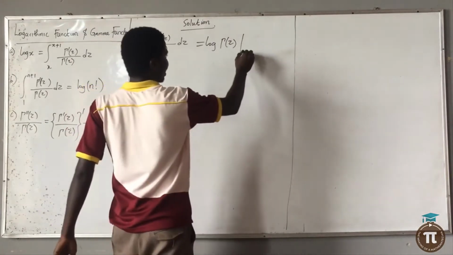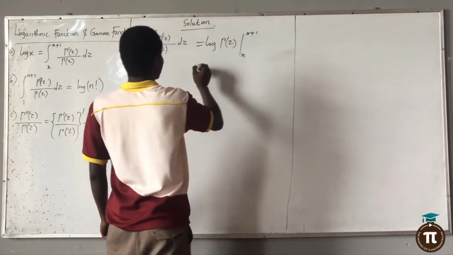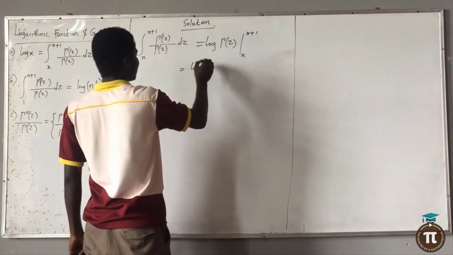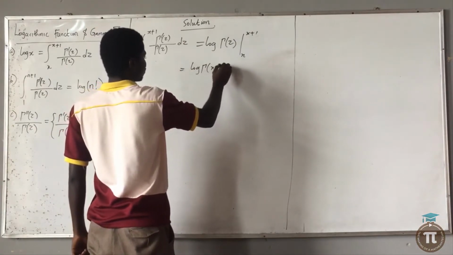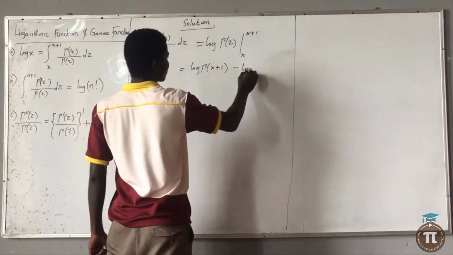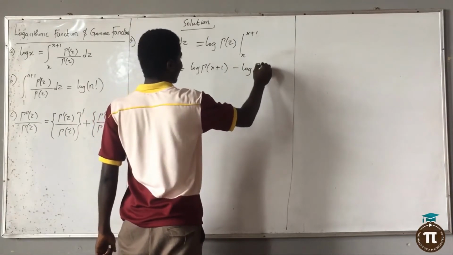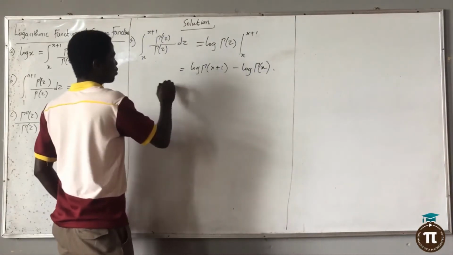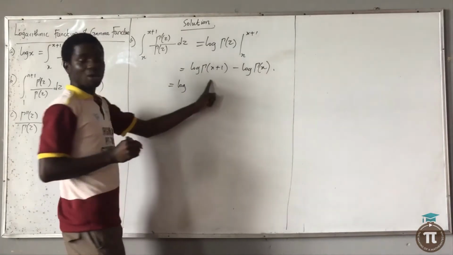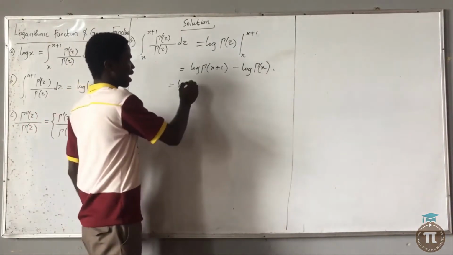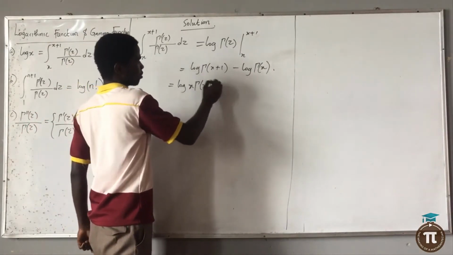Then put the bounds x plus 1 and x. So this will become log of gamma of x plus 1 minus log of gamma of x. Don't forget, we know that gamma of x plus 1 is x gamma of x.